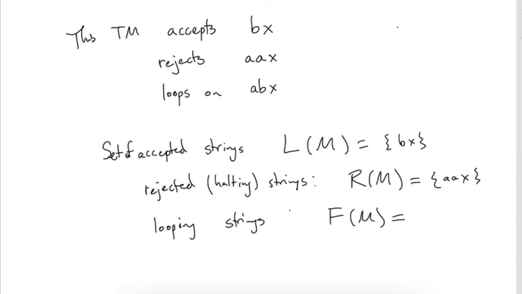F, I imagine, is for forever. I don't know. Anyway, F of M is, in this example, ABX. Right? A Turing machine has three categories. It can either halt accepting, halt rejecting, or it can loop forever. All right?